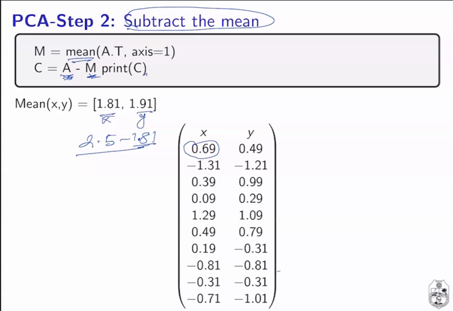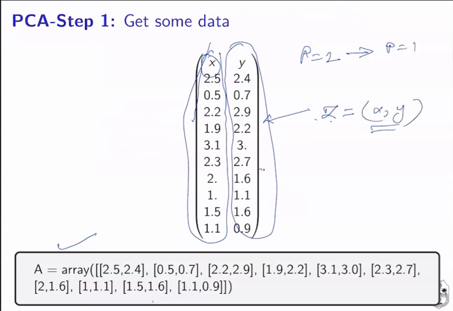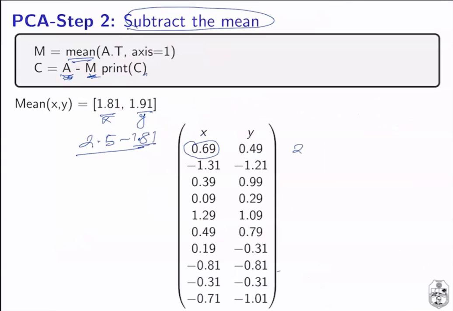Similarly 0.49 is the subtraction of 2.4 minus 1.91. So this is the y bar. Like this you need to do it for each and every observation, that is, all 10. This can be done with this statement, C equal to a minus m, and print C. So this is my C.